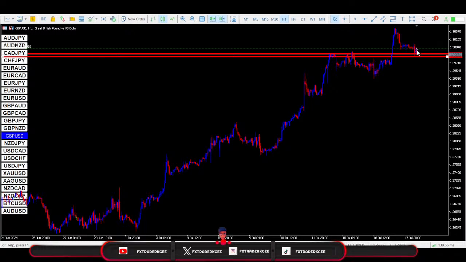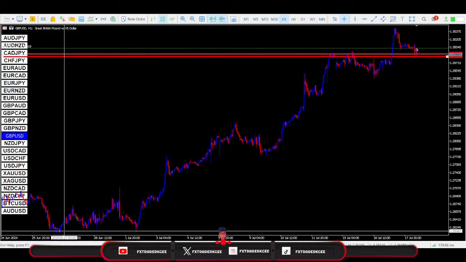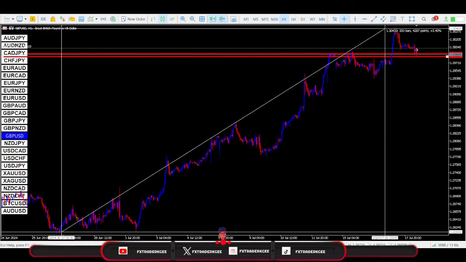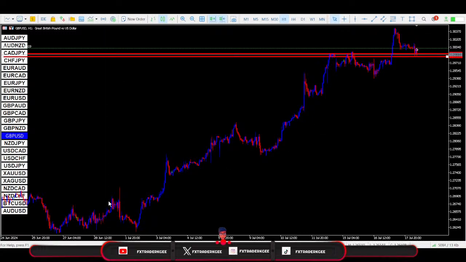All this move has been a bullish move for GBP USD of about 428 pips. So we've had ups and downs, ups and downs.